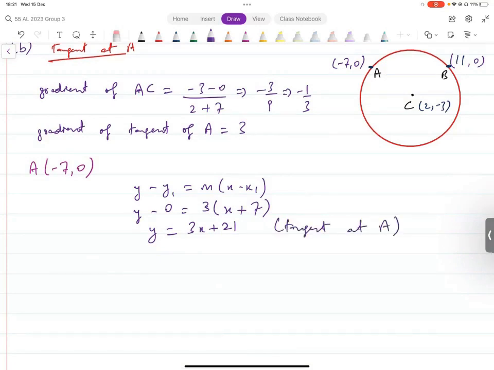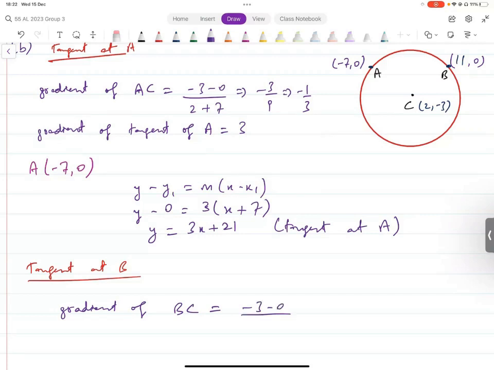You do exactly the same thing for tangent at B, right? आप क्या करो, ग्रेडियंट निकाल लो BC का, gradient of BC, again y2 minus y1, minus 3 minus 0 over x2 minus x1, which is 2 minus 11.